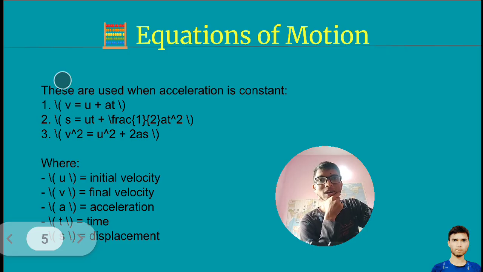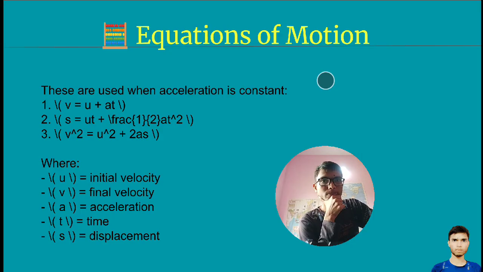If you want to calculate final velocity, use this formula: u, initial velocity, plus at. a is acceleration, t is time. And all this came from acceleration. Acceleration: a is equal to what?